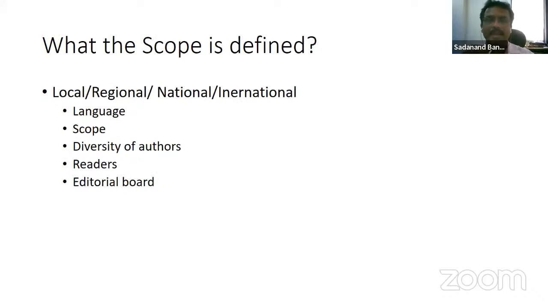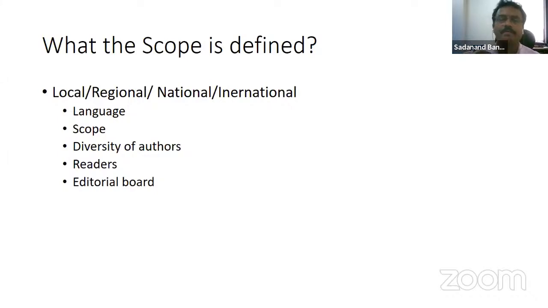Of course, at the same time, the scope is also defined. We know very well that each and every journal has various scopes. Some journals are local, regional, national, international. But all this depends on the language that is used, the scope, where it is distributed, and from where the authors are making their contribution.